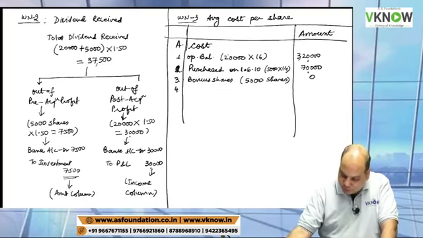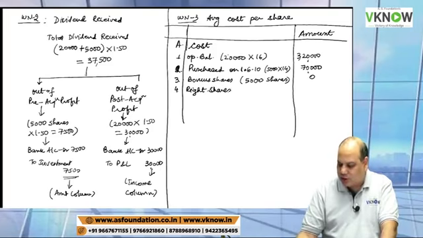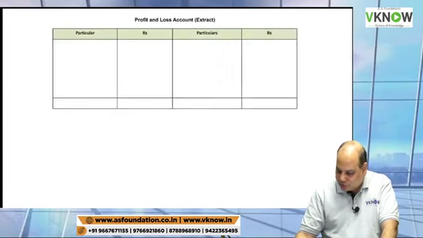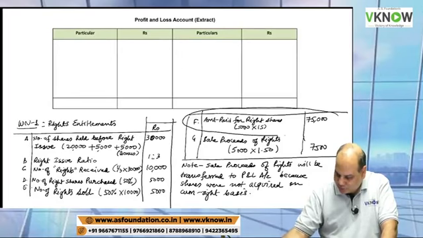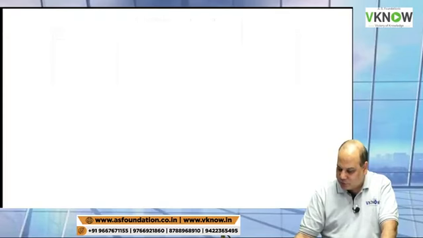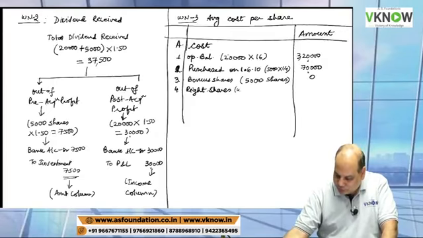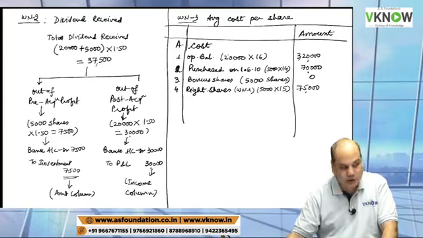Then point number 4, we also purchased right shares. Going logically line by line, for right shares we have to go to working note 1, point number F: 5,000 shares purchased at 15, that is 75,000.